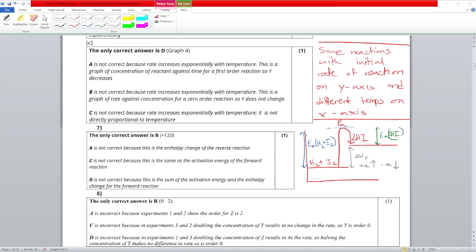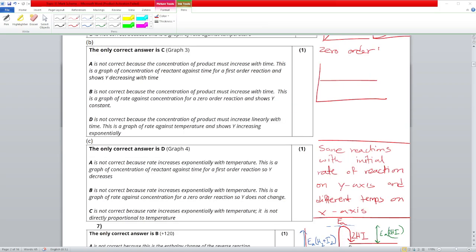Another shape to memorize. Part C is even meaner because now it's temperature on the x-axis and rate of reaction on the y-axis. It's meaner in the sense that this has nothing to do really with orders of reaction. Now we've moved on to temperatures, but yeah, it would make graph 4. Temperature has a quadratic scaling to time.